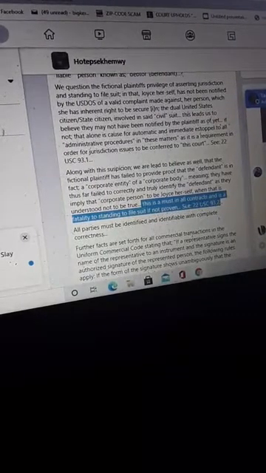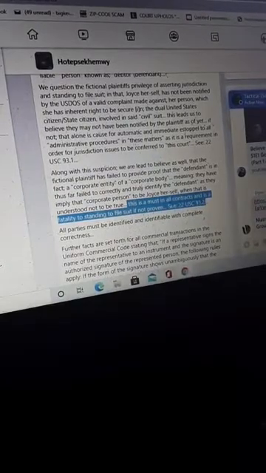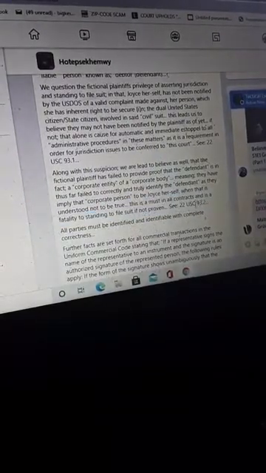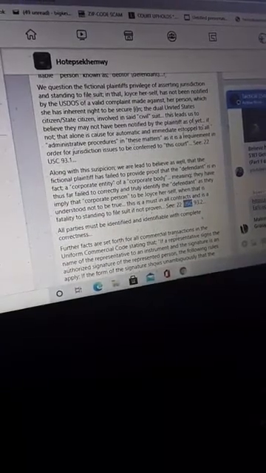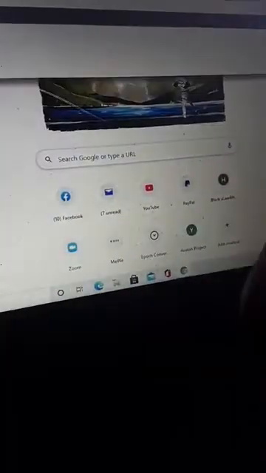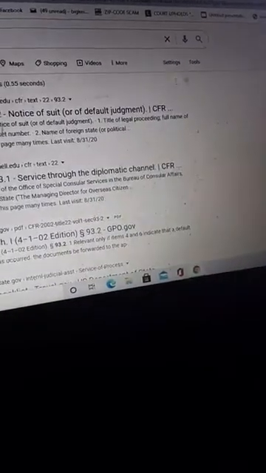This is see USC 22 USC 393.2, and I believe that's supposed to be CFR. Let me double check real quick. Yes, that is 22 CFR, Notice of Suit or Default Judgment.